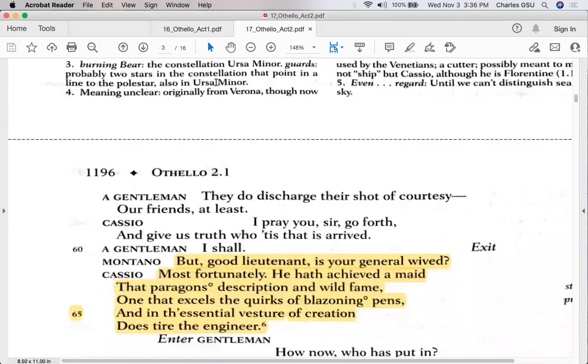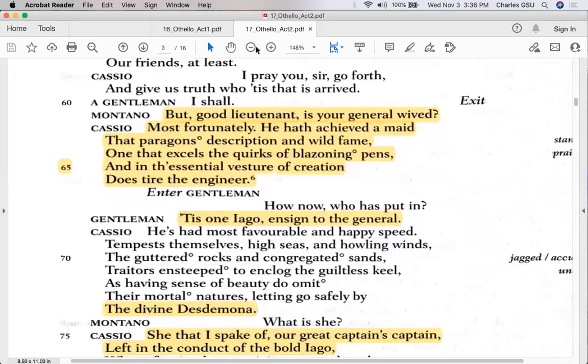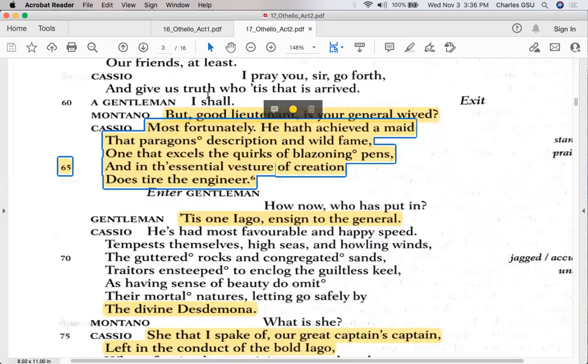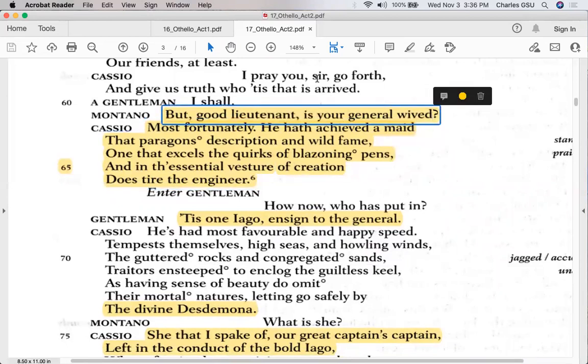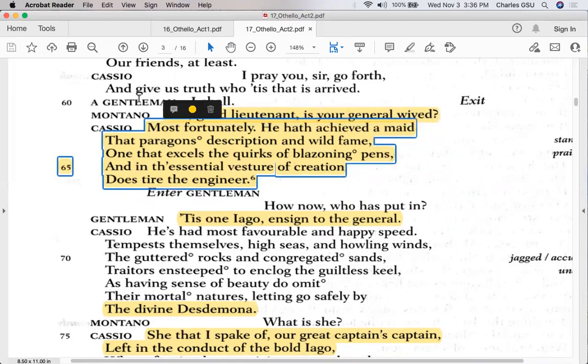That's why he's first. And then Montano, the governor, asks, but good lieutenant, is your general wived? That is, is your general Othello married? And look how he responds in a very, we might say, too positive manner, too admirable language about Desdemona.